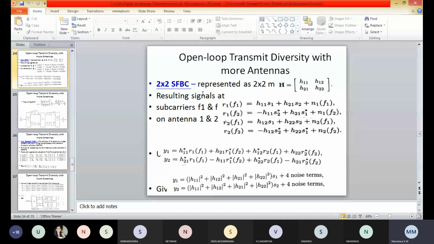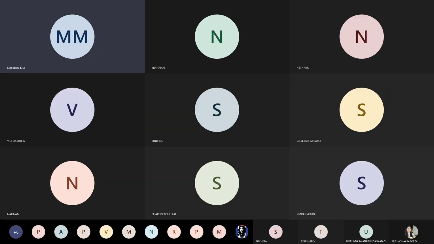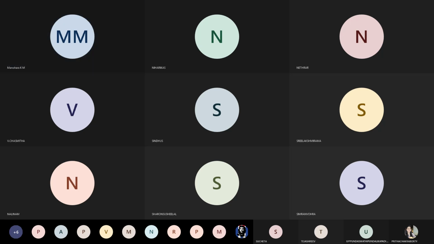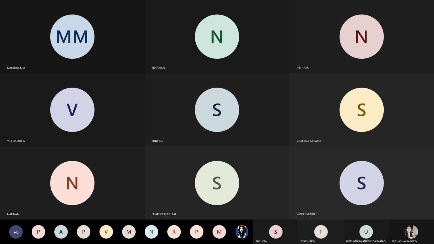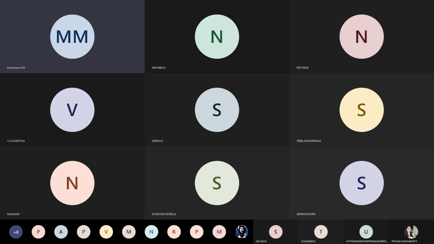Now the channel description can be represented as a 2x2 matrix rather than the 2x1 vector. I'll use the whiteboard in parallel.